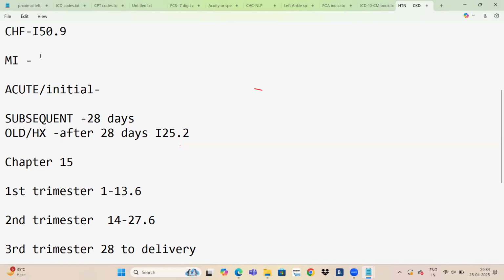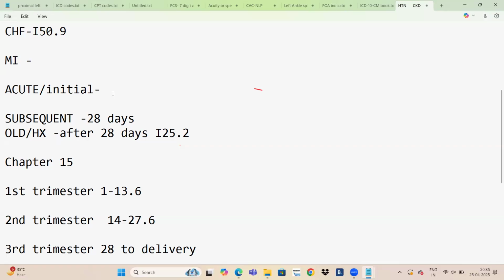So remember guys, while we are coding myocardial infarction, you will get 3 sets of codes: acute or initial, subsequent, and old myocardial infarction. Old myocardial infarction means any myocardial infarction after 28 days. If you are coding that condition, it should be old MI or history of MI.